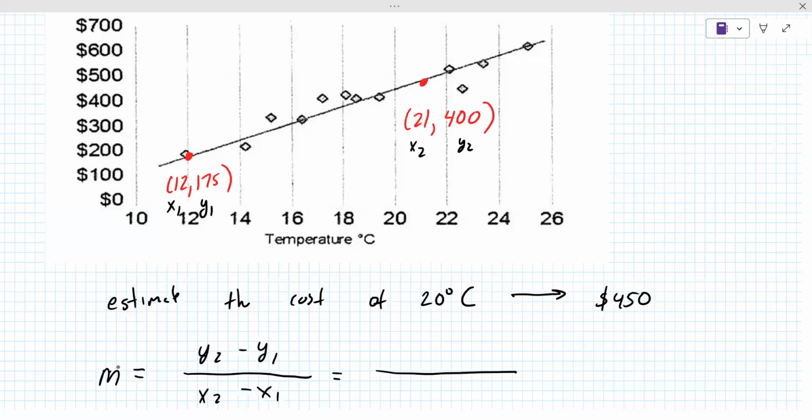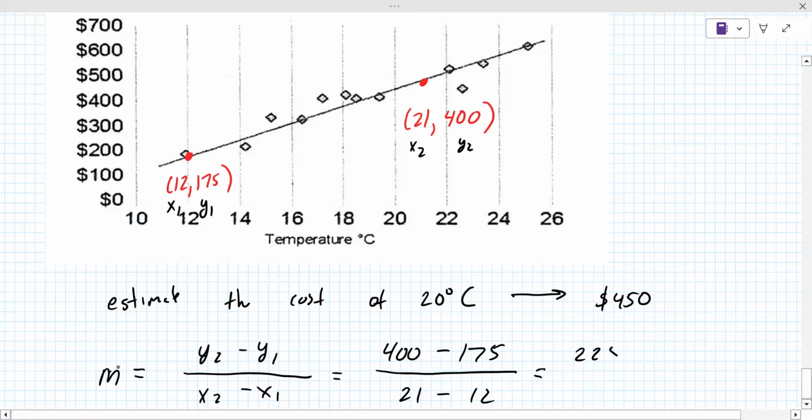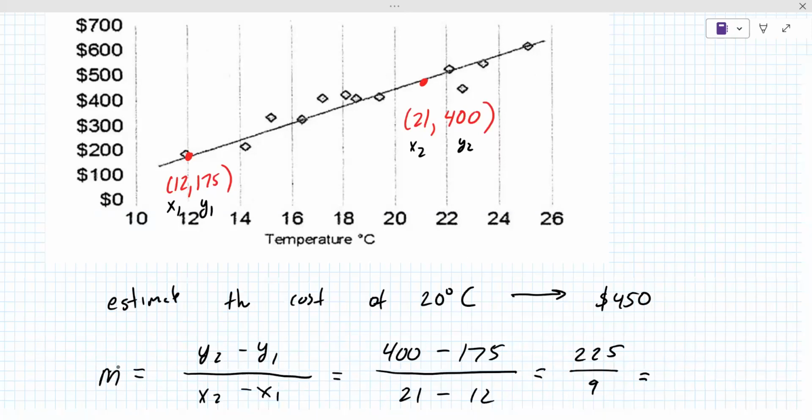It'd be 225 over 9. Yep, that's true. Keep going, you're almost there. Do you want me to simplify it? Yes. Would the end result be 25?